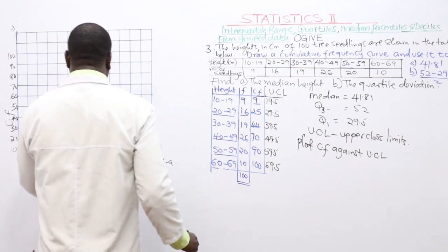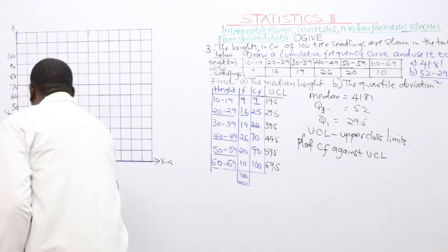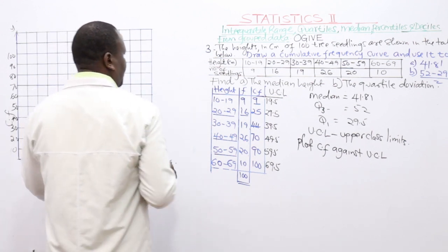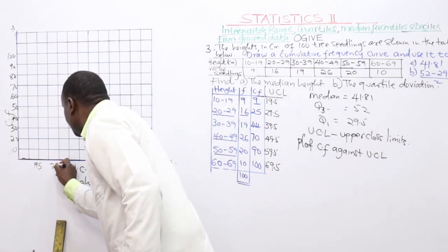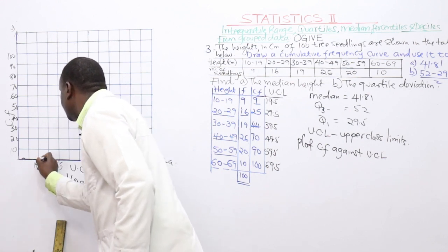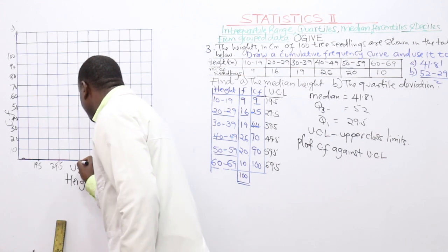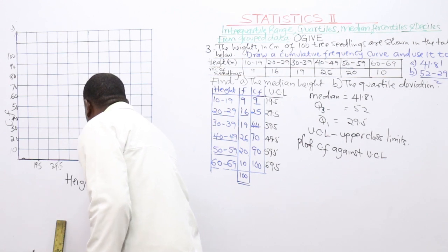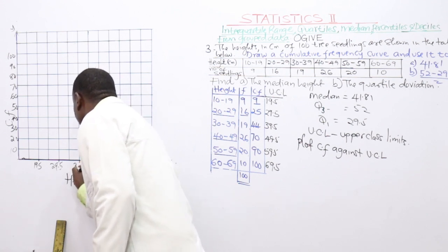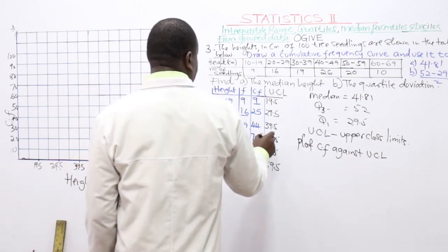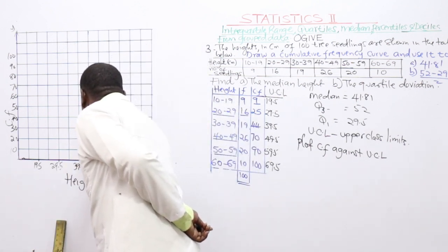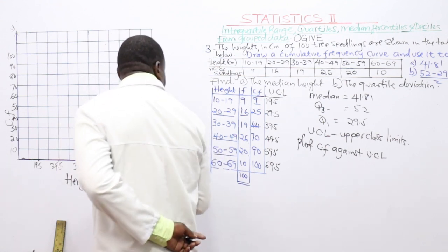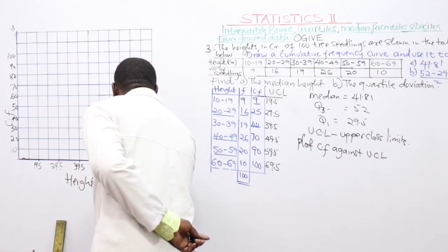If we have 19.5 here, the next one will be 29.5, the next 39.5, then 49.5, 59.5, and lastly 69.5.